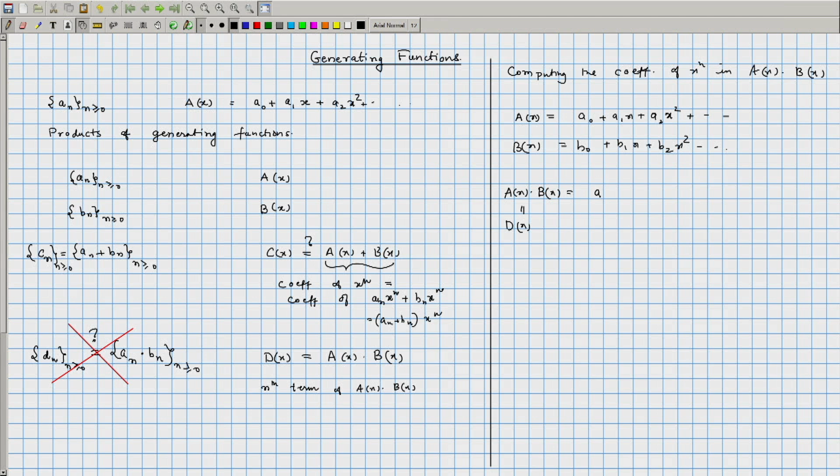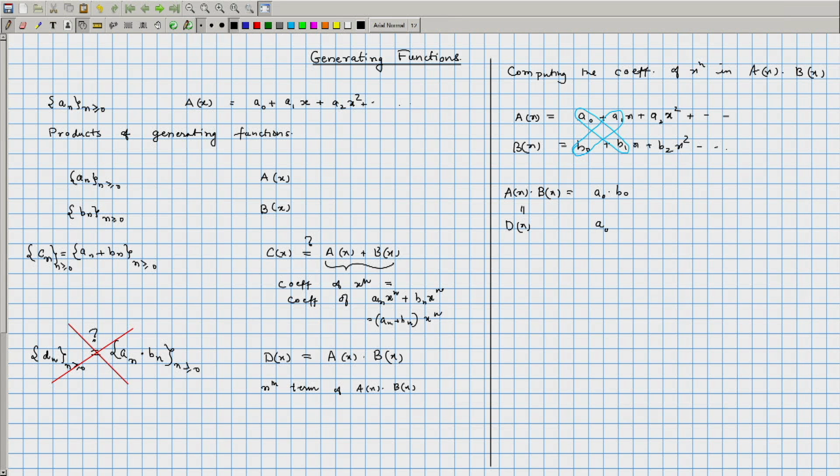the coefficient of the constant term is just A0 times B0. The coefficient of x raised to 1 can come from A0 B1 plus B0 A1. Both these products are going to result in x, and their sum is going to be the coefficient of x raised to 1.